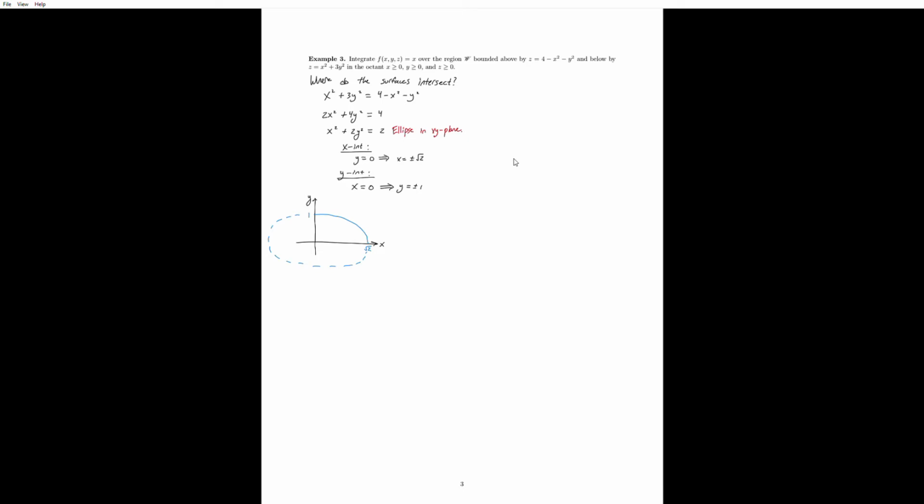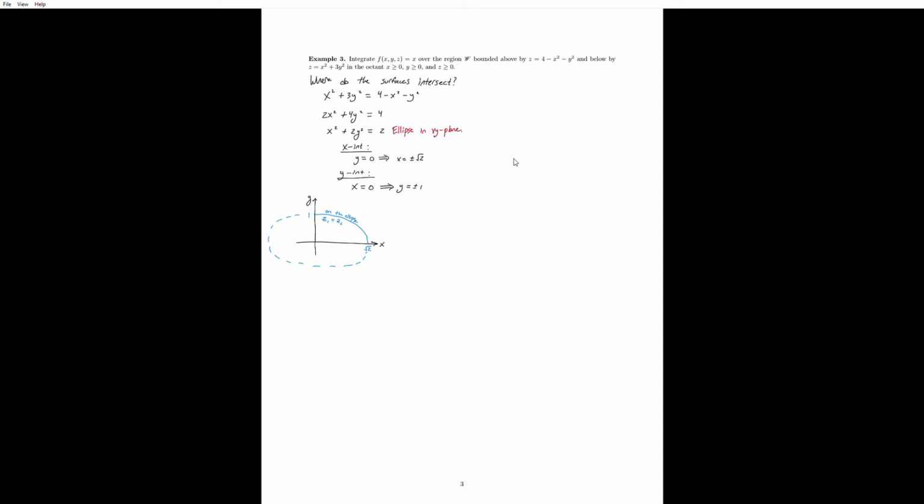So what we know is when we're on the ellipse, the one surface, I'll just call it Z1, must be equal to Z2. So if we plug in values of x and y on the ellipse, we have to get that those two are equal.